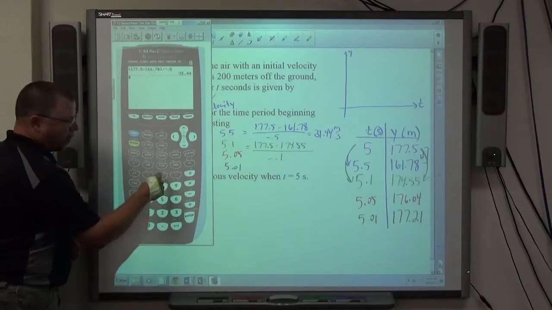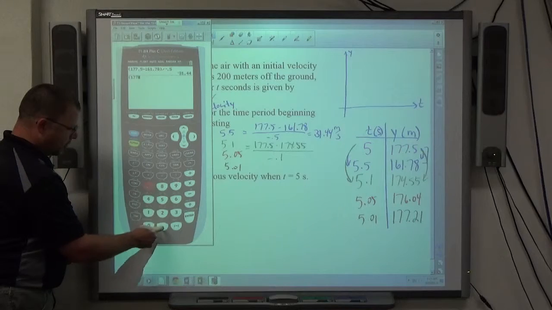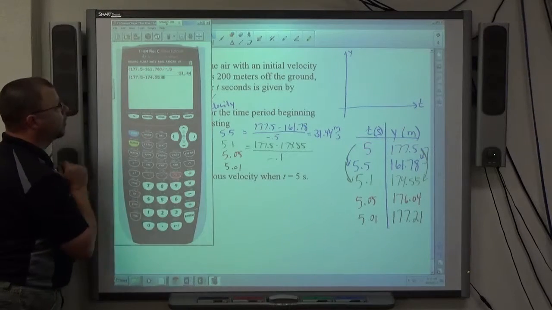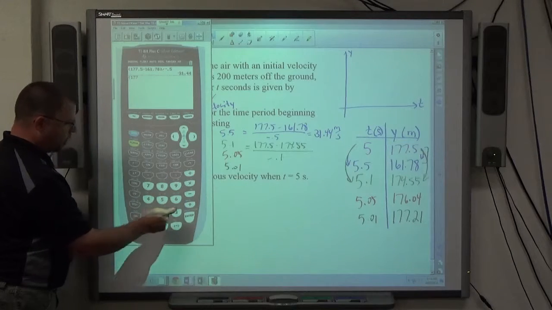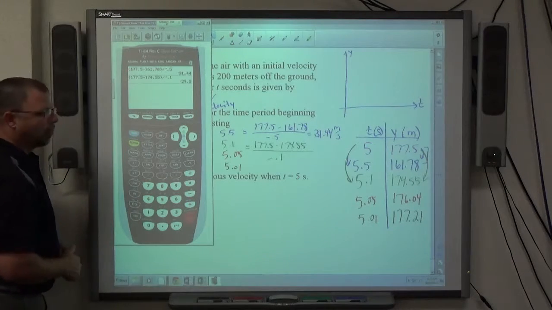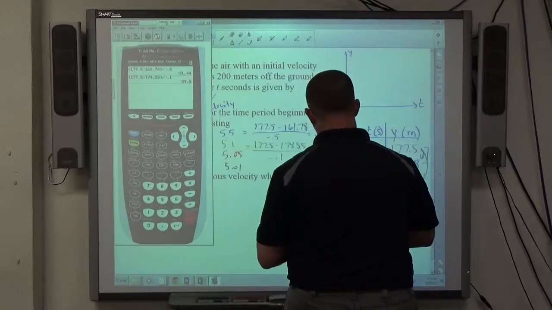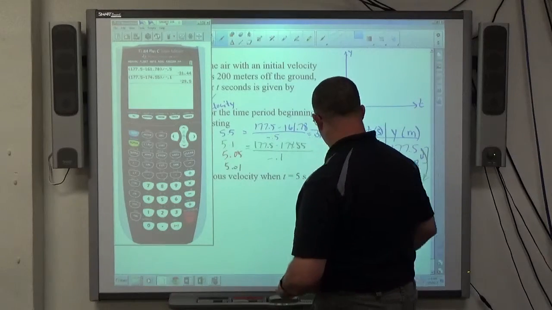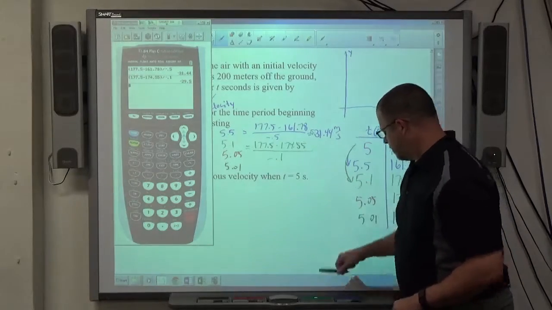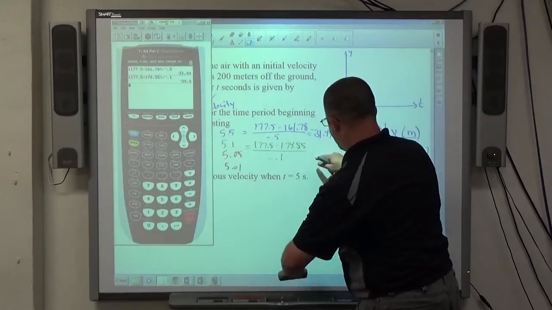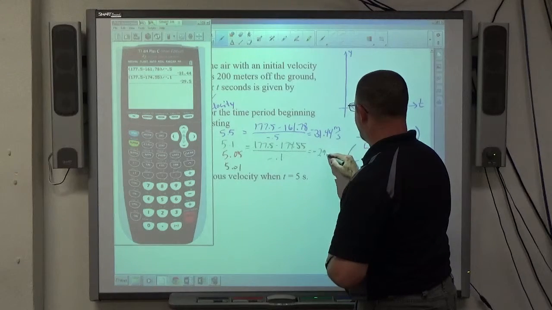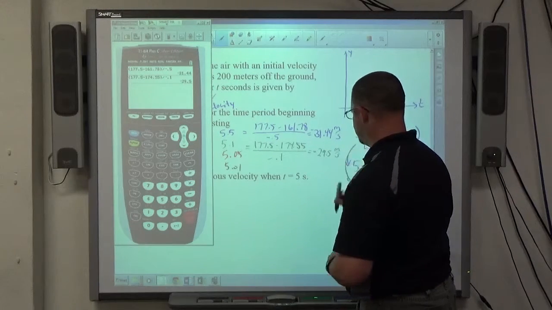So, again, parentheses, 177.5 minus 174.55 in parentheses, divided by negative 0.1, negative 29.5 meters per second. Oh, sorry, this one here was negative, wasn't it? Negative 29.5 meters per second.